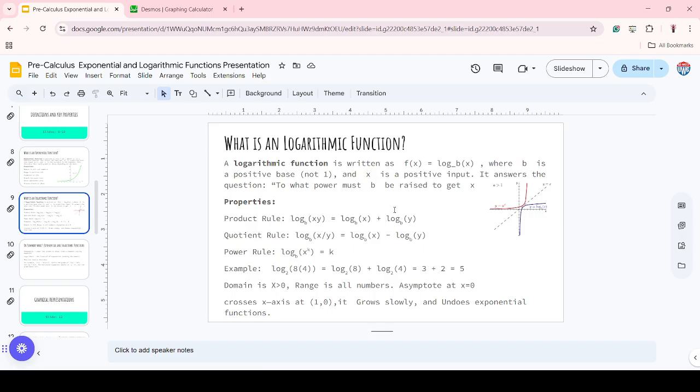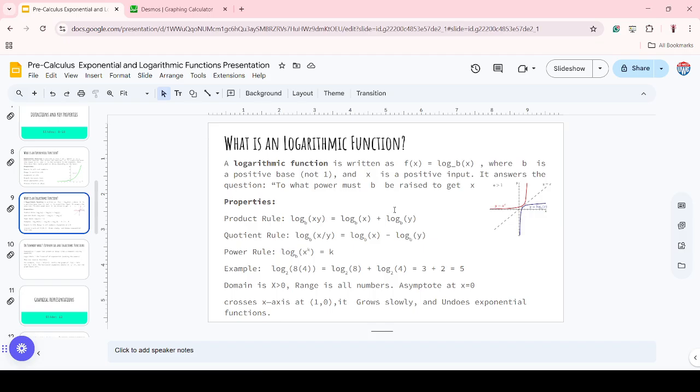The power rule. Let's go ahead and do this one. Log subscript, let's say, 7 of 3 to the 4 is equal to 4 log subscript 7 of 3.